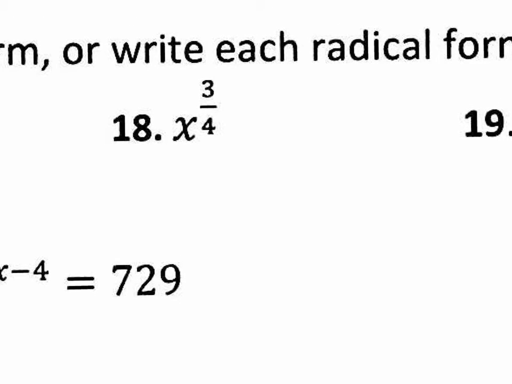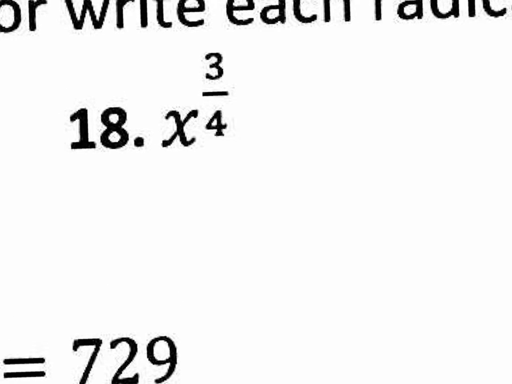On this one, all you need to remember is that it's a power over a root. And let me say this, guys. If you had the third root of x to the ninth, what do you do right here? You divide the 9 by 3.